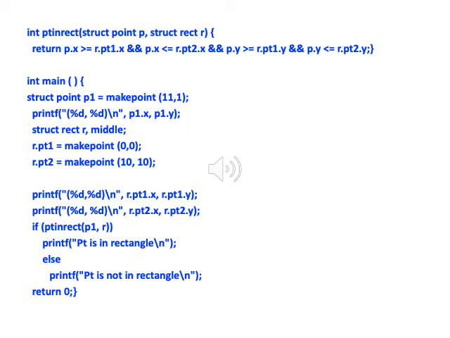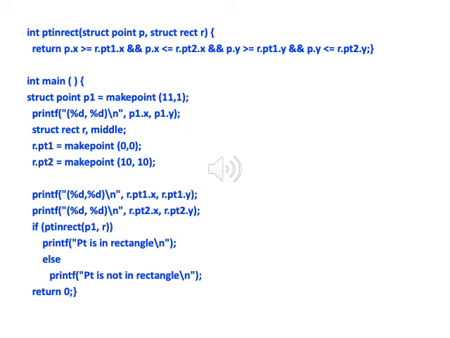So at once you can say that the x component is going out of bounds because it's not between 0 and 10, it's 11. The y component, which is 1, on the other hand, is within bounds, because the y bounds are again 0 to 10. So it should print point is not in rectangle.